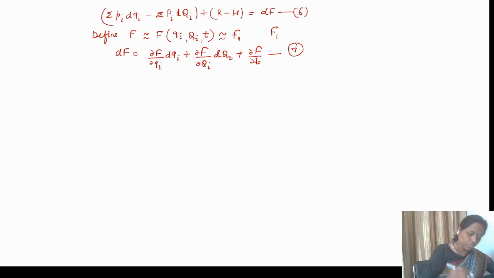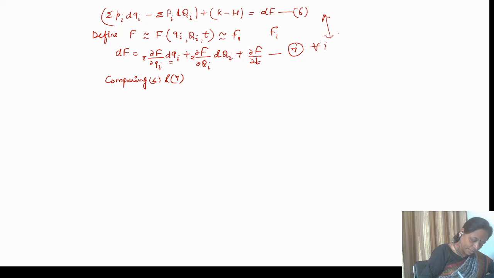So use it in 6 or compare 6 with 7. Naturally, there will be the summation symbols. This is true for all i. The both will be the same.